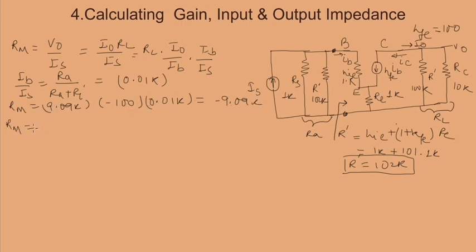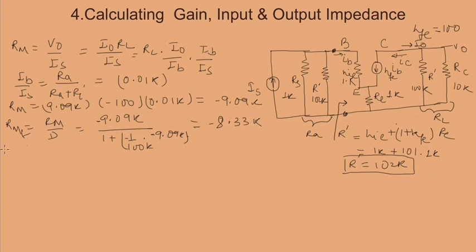Then RMF, which will be Rm by D. Rm is minus 9.09K, upon D, which is 1 plus (minus 1 by 100) into minus 9.09K. This is my 100K. This gives us the value of RMF, and RMF comes out to be minus 8.33K.